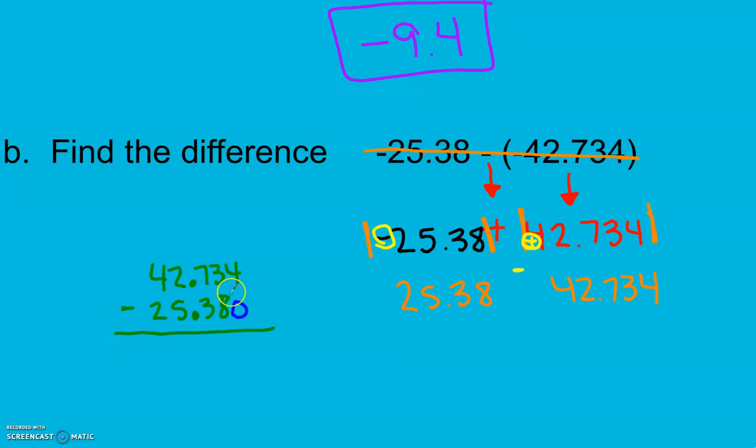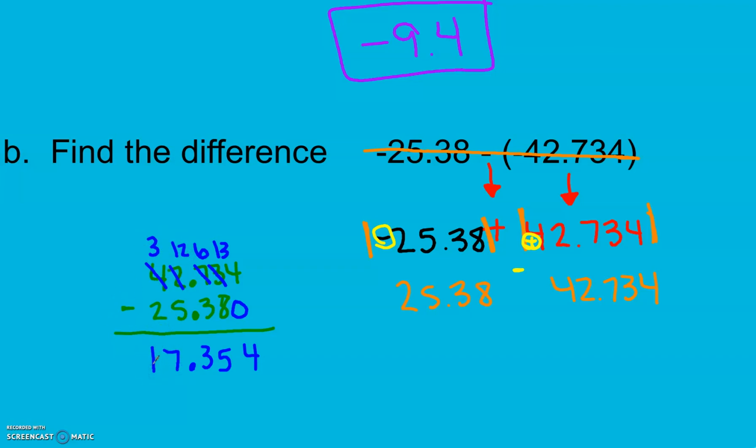And now I subtract each digit, so 4 minus 0 is 4. I can't take 3 minus 8, so I need to borrow here. I'm taking 10 away, which gives me 13. 13 minus 8 is 5. 6 minus 3 is 3. I bring my decimal down. Again, I can't take 5 from 2, so I'm going to have to borrow 10 from here, which gives me 12 minus 5 is 7, and 3 minus 2 is 1.